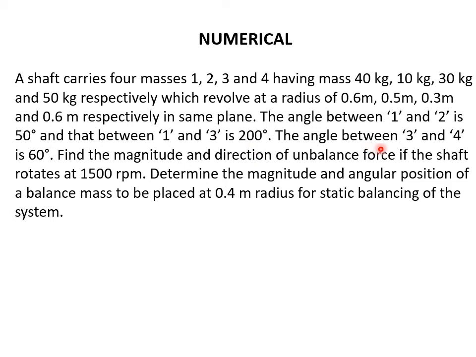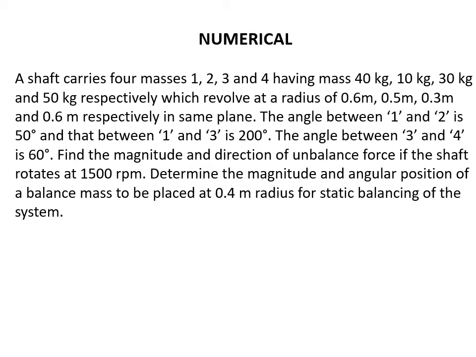The angle between 3 and 4 is 60 degrees. Find the magnitude and direction of the unbalanced force if the shaft rotates at 1500 rpm. Determine the magnitude and angular position of a balancing mass to be placed at 0.4 meter radius for static balancing of the system. We'll solve this problem by both methods, the analytical method and the graphical method.